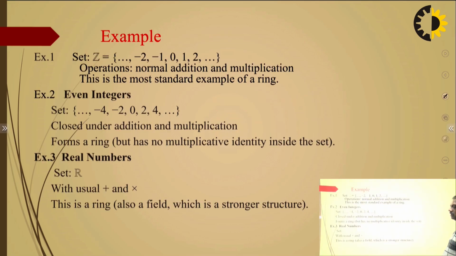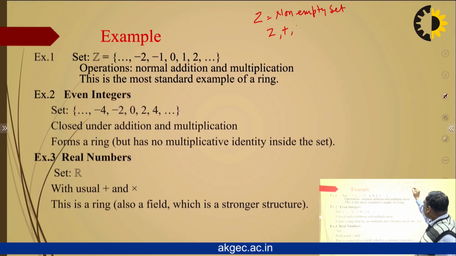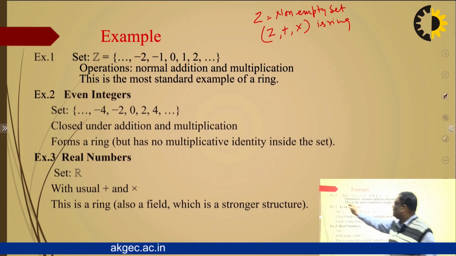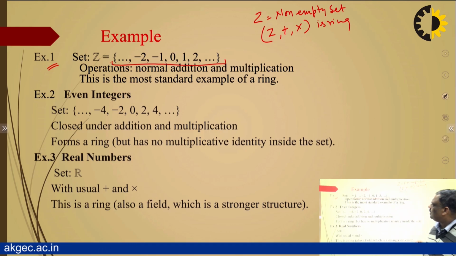With the help of an example, we can prove whether the given set is a ring or not. Z is a non-empty set with respect to addition and multiplication. The first example: Z consists of all negative and positive numbers including 0.